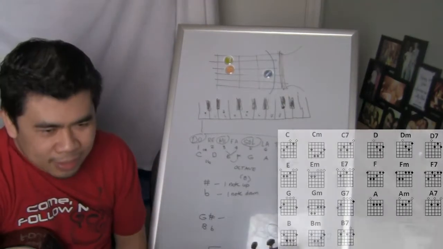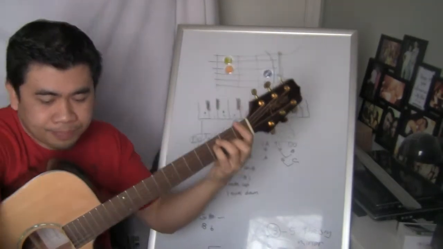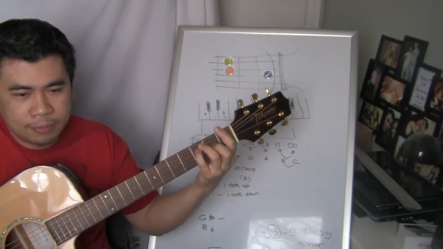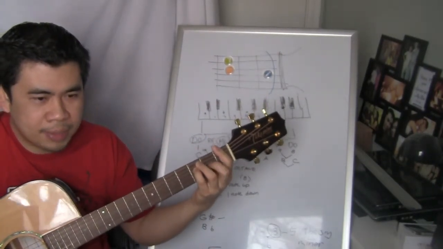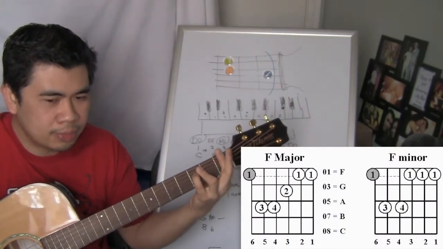There you go. Let me go back for the clip chord in the form of F. The crucial finger is the third, because this is where everything happens to make it a minor. So if I just move here, it becomes a minor.